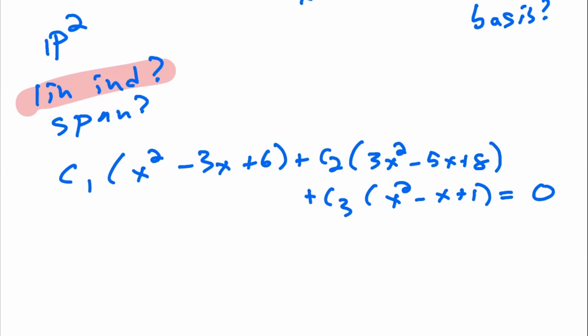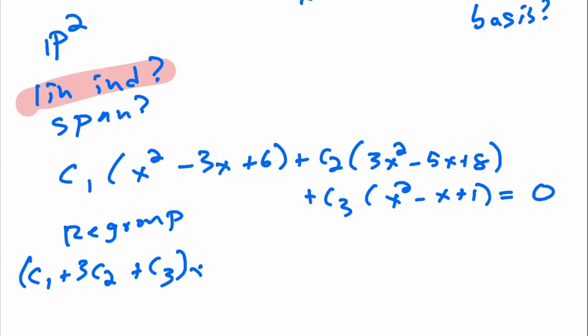Once I have this set up, what might be a good next step? Regroup them based on x squared, x, and constants. Perfect. So let's do our x squared stuff first. Here I've got C1 plus 3C2 plus C3.